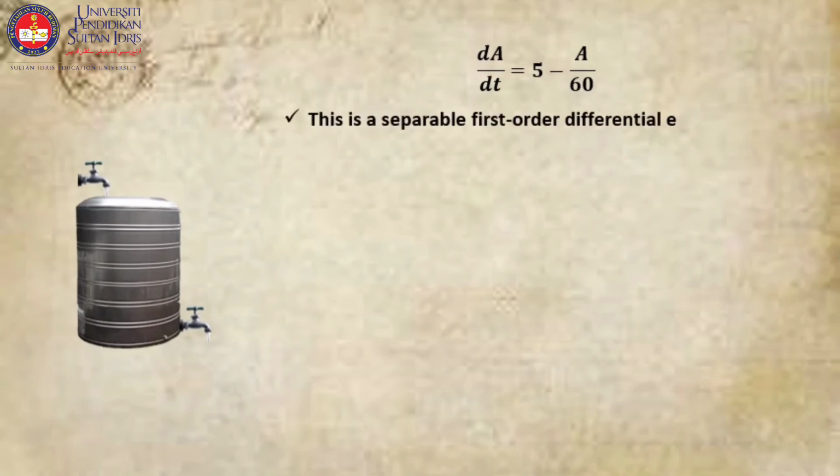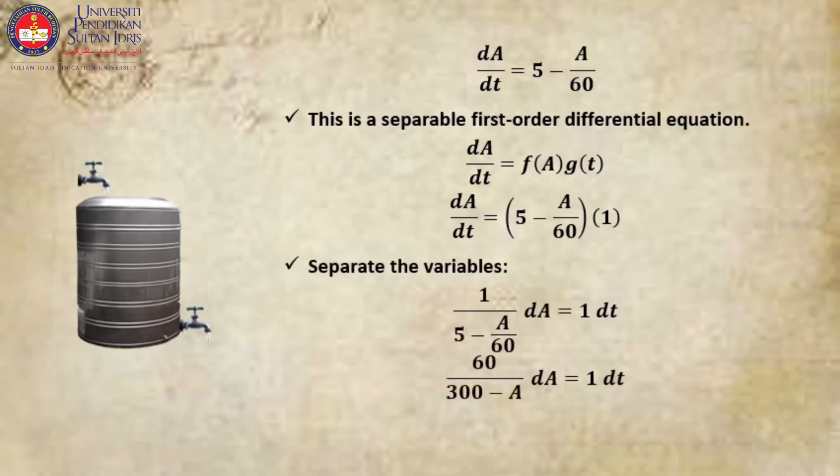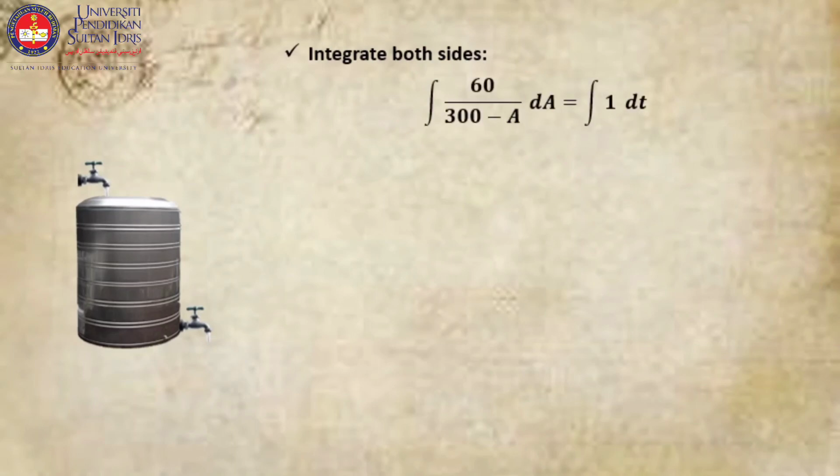Next, the equation we got, dA over dt equals 5 minus A over 60, is a first order differential equation. We can write dA over dt as (300 minus A) over 60, so we separate the variables. We get 60 over (300 minus A) dA equals 1 dt. Next we integrate both sides: the integral of 60 over (300 minus A) dA equals the integral of 1 dt.